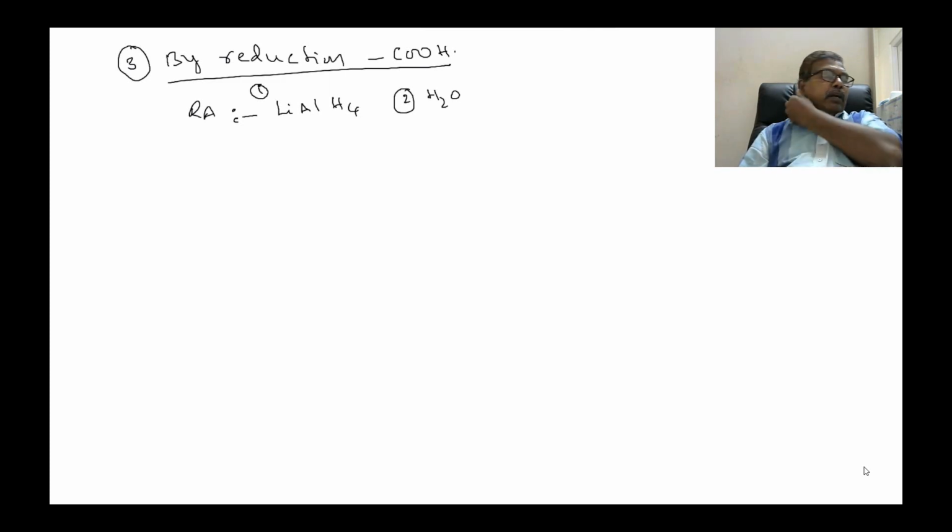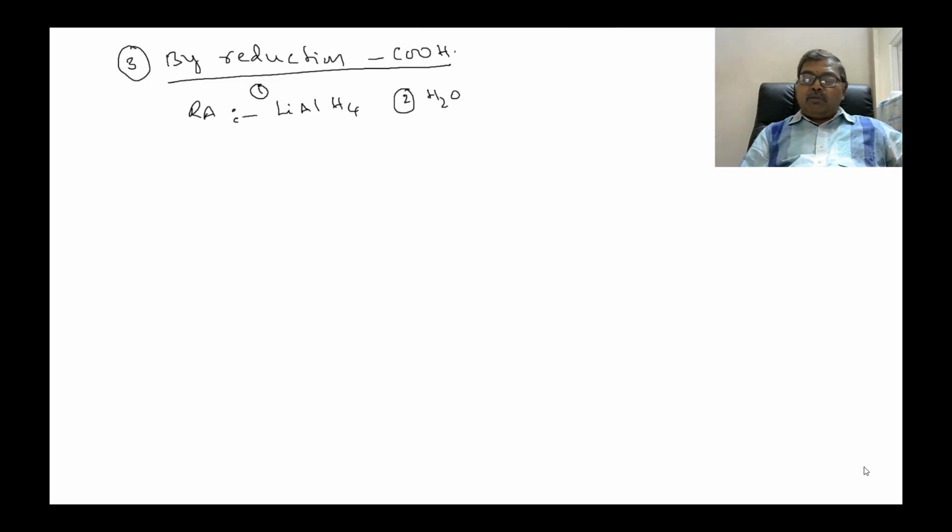After lithium aluminum hydride, it is immediately treated with water. So not only reduction, remember, not only reduction. After treatment of carboxylic acid with lithium aluminum hydride, immediately hydrolysis is carried out.